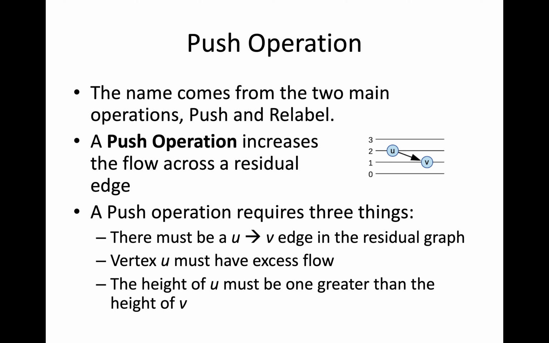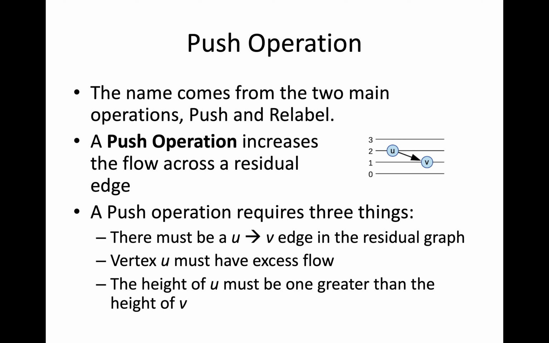The constraints on the height give us a limit on how many push and relabel operations this algorithm can do. You can also think of it as wanting to push to neighbors as early as you can, as soon as the height permits that. Maybe that'll make more sense when we have a little more of an example.